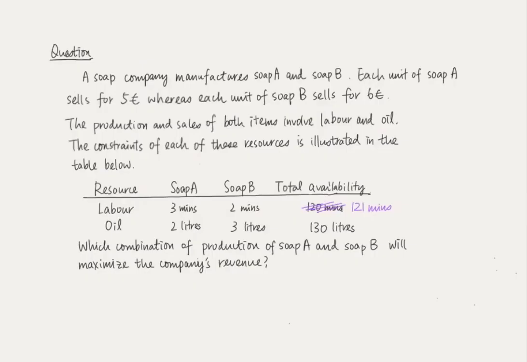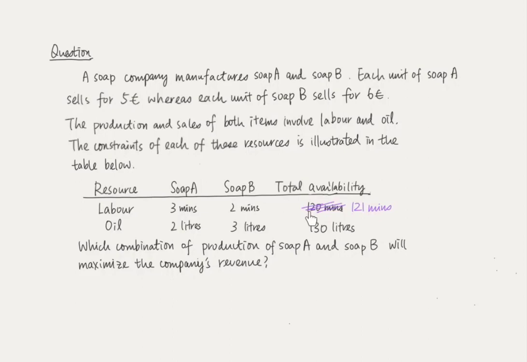Let us explore the owner's first question. That is, if the company has the same amount of oil, that is 130 liters, and the owner hires a labor to work for 1 more minute in addition to these 120 minutes, will there be an increase in the revenue? How much is the owner willing to pay for these extra minutes of labor work?